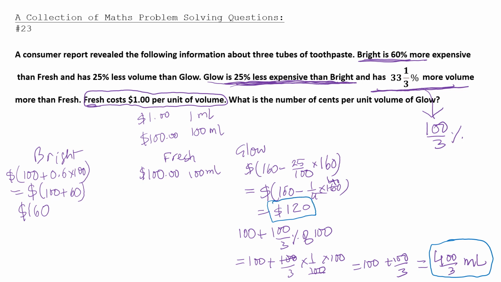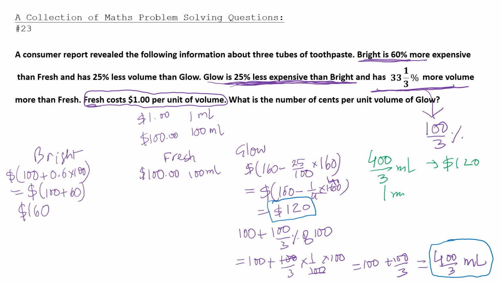So now we have to find out the number of cents per unit volume of Glow. So I can write that 400 out of 3 ml costs $120.